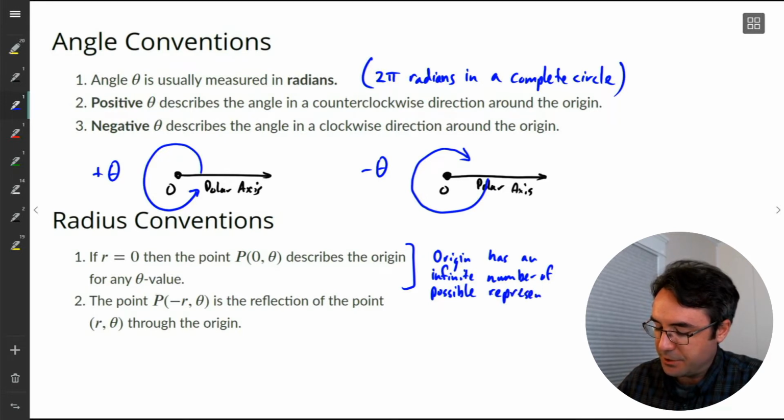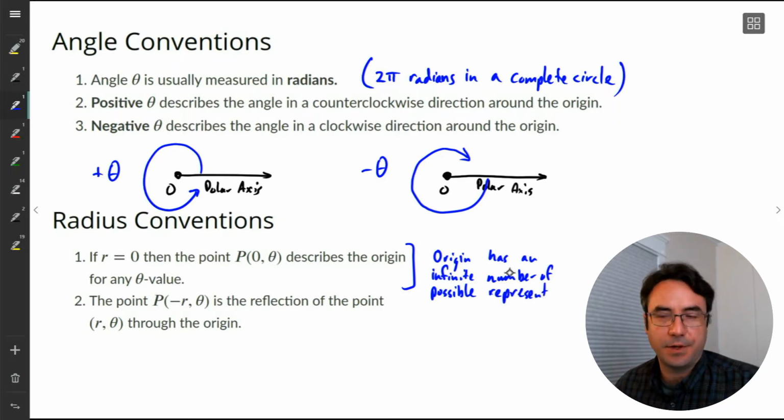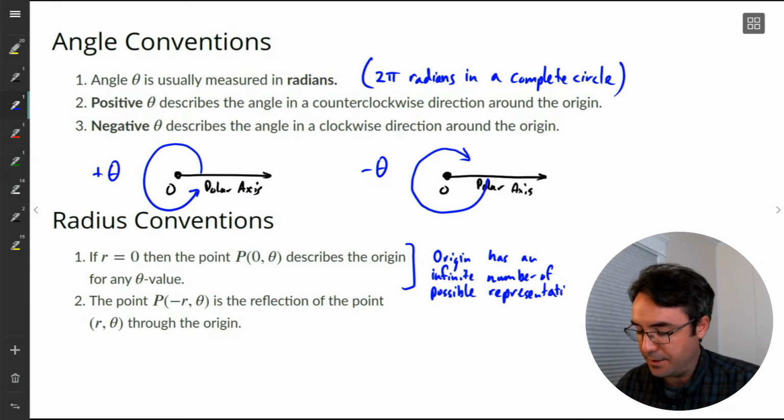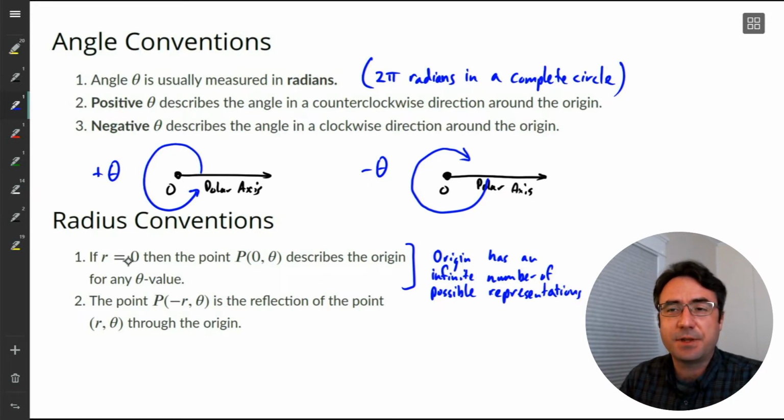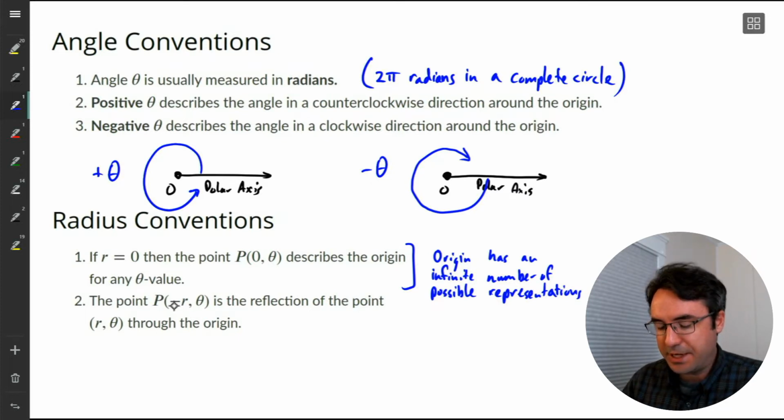And this is actually going to be true for all of the points in the plane. They're going to have an infinite number of possible representations. We'll talk more about this in a little bit. But specifically, if r is equal to 0, then we're at the origin. Now, what about if we're dealing with a negative r?